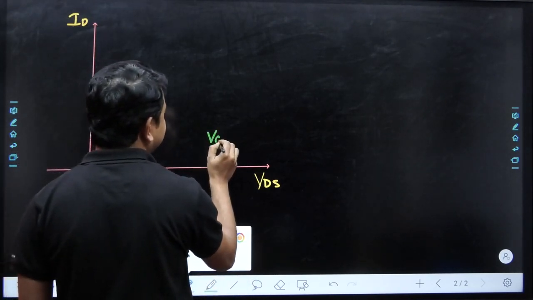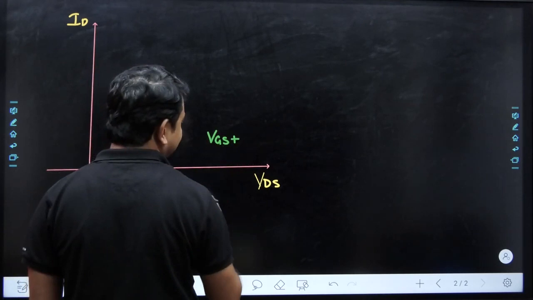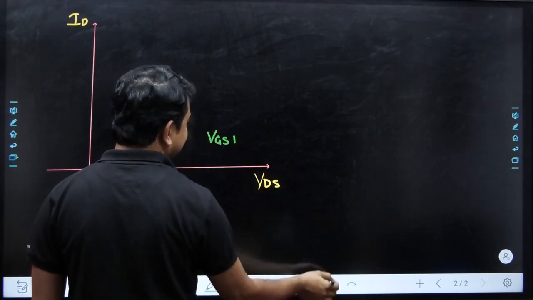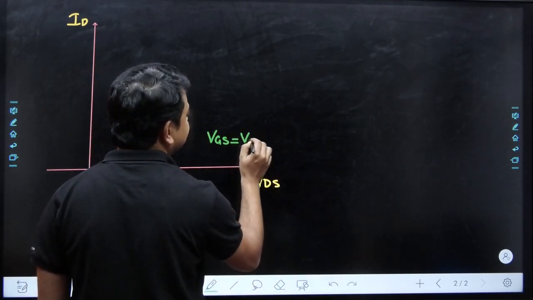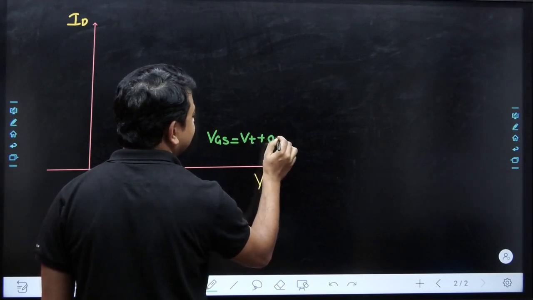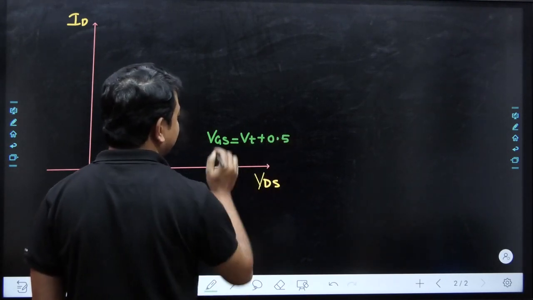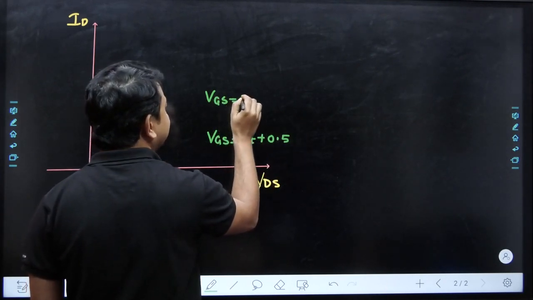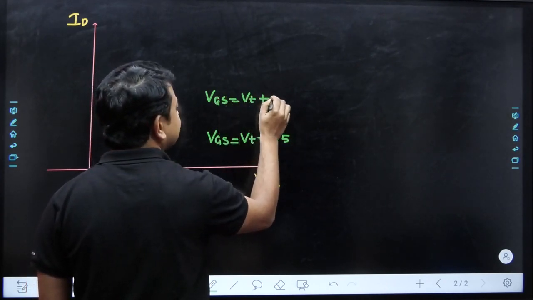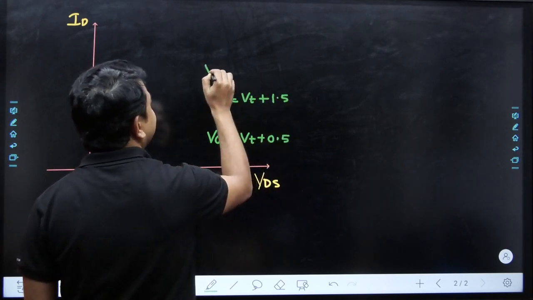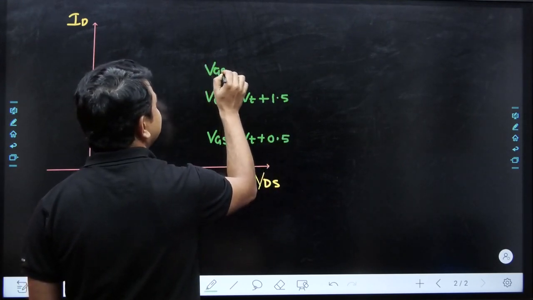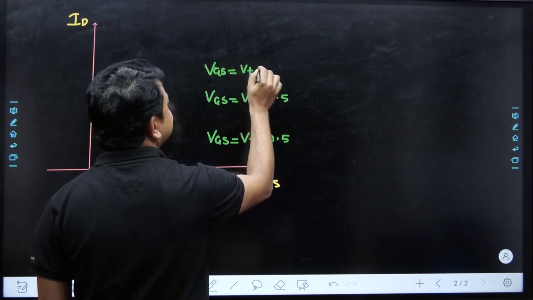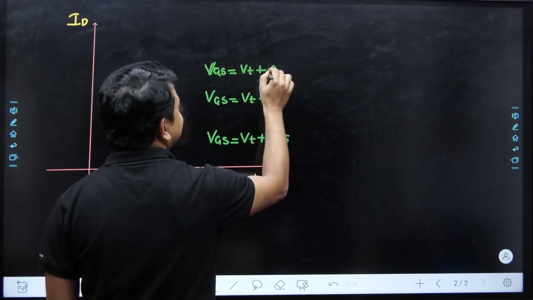Suppose I am applying a voltage VGS equal to the threshold voltage. Greater than the threshold voltage only will give the current. So threshold voltage plus 0.5 volt, then VGS equal to threshold voltage plus 1.5 volt, and then VGS equal to threshold voltage plus 2 volt.